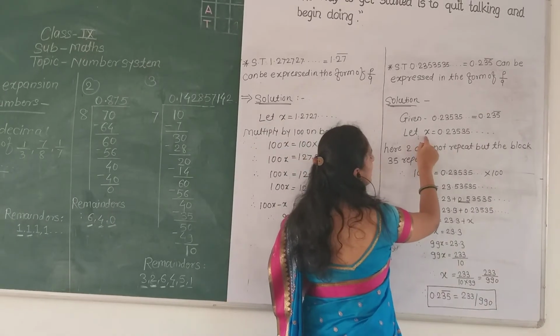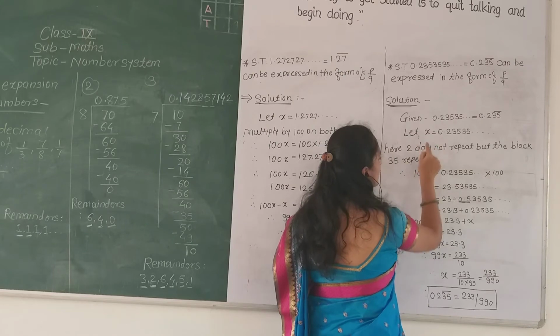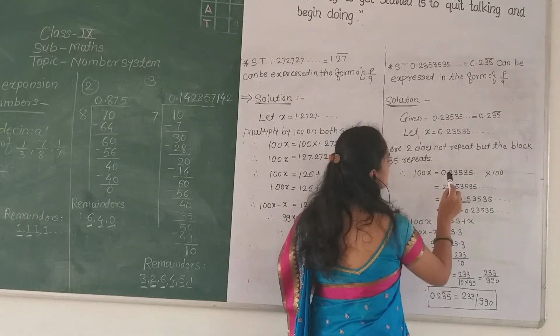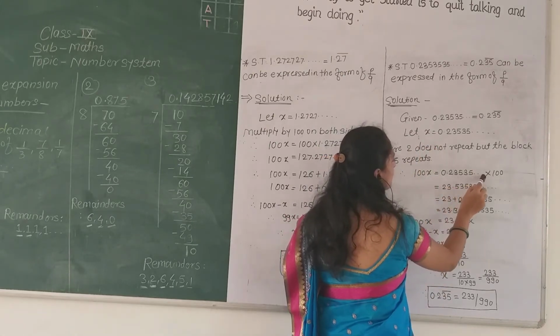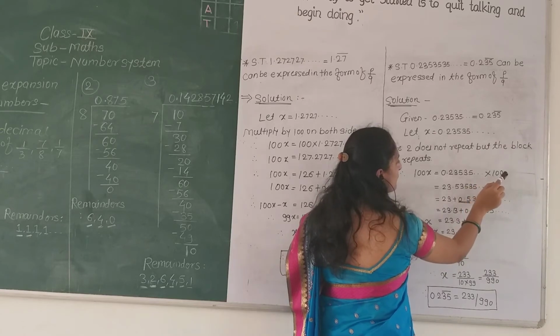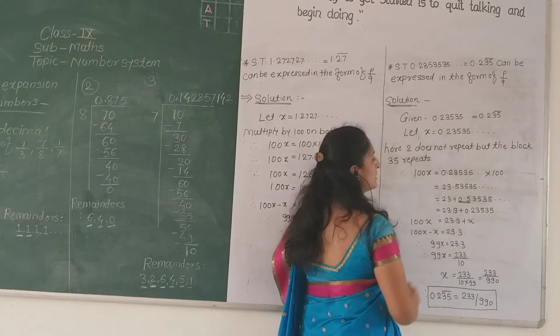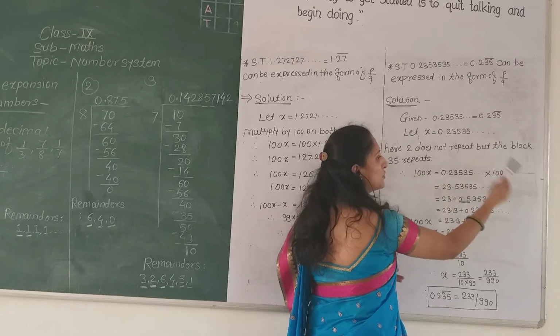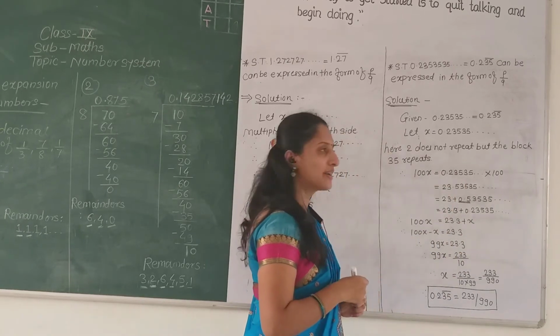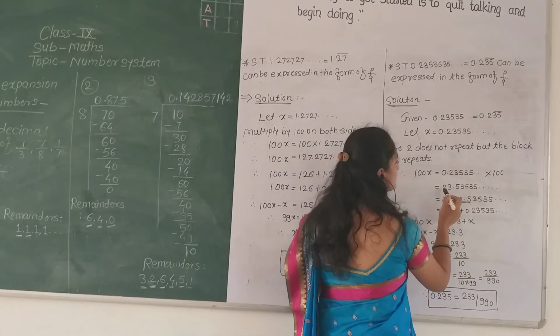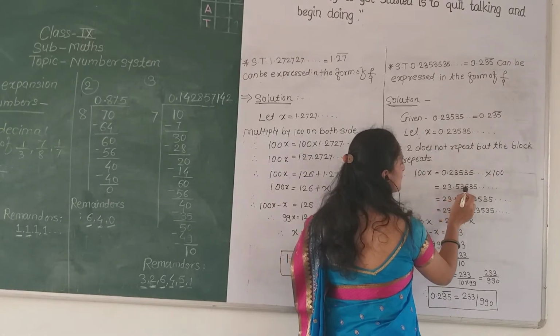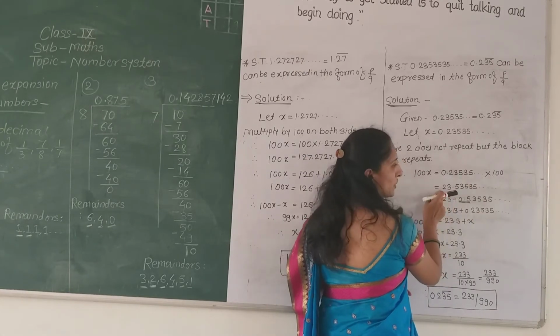So by multiplying by 100 on both sides, we get 100x is equal to 0.23535 into 100. Whenever we multiply by 100, the decimal point shifts 2 places to the right. So this number becomes 23.53535 and so on.